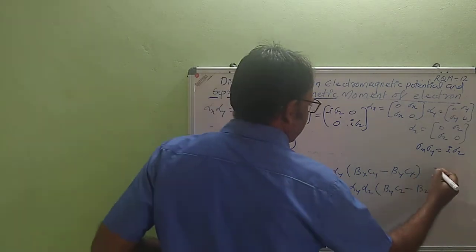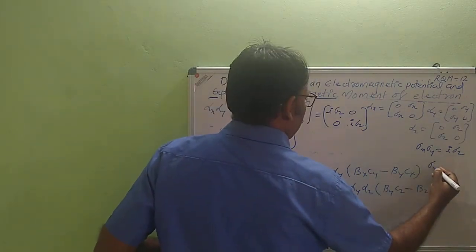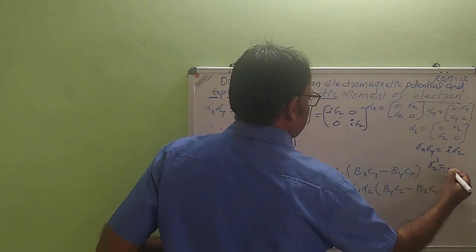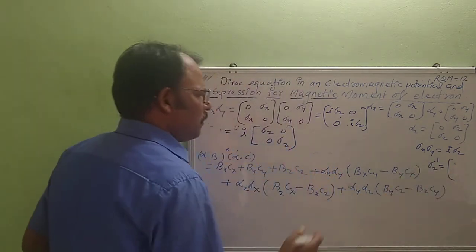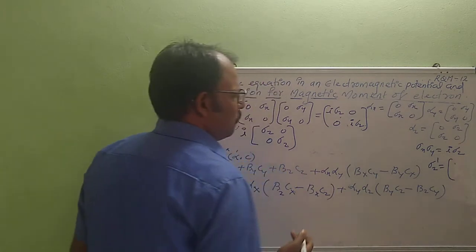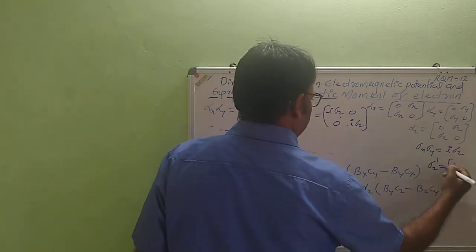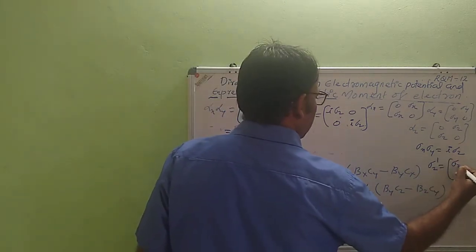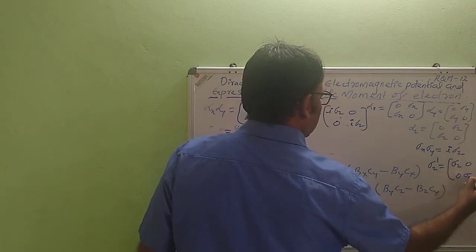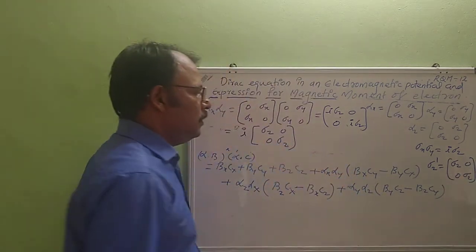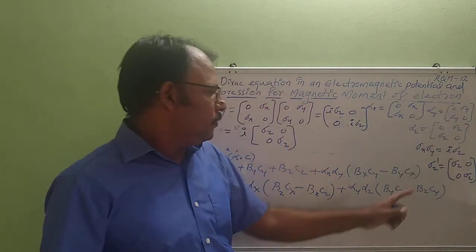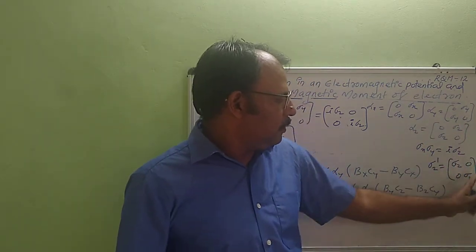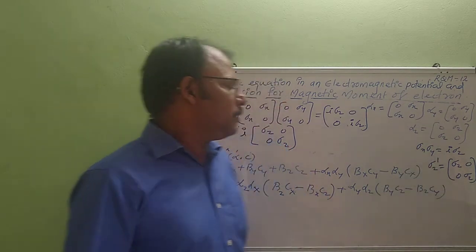That matrix, sigma z 0, 0 sigma z, I am writing as sigma z prime.